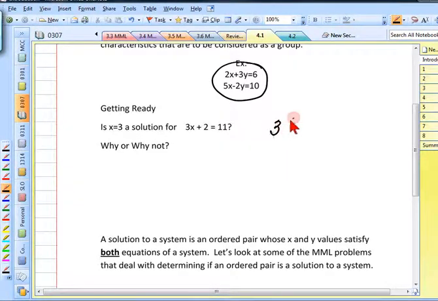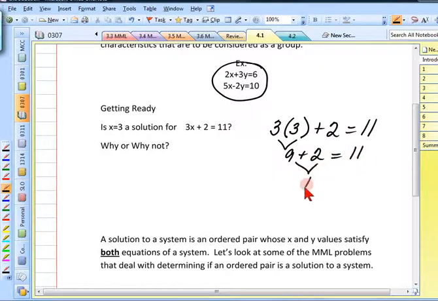So if I have 3 times the value of x plus 2, I'm checking to see if that's going to be a true statement or not. And I already hear some people saying that's 9 plus 2, and that is 11. So you said yes. Now, question, why or why not?